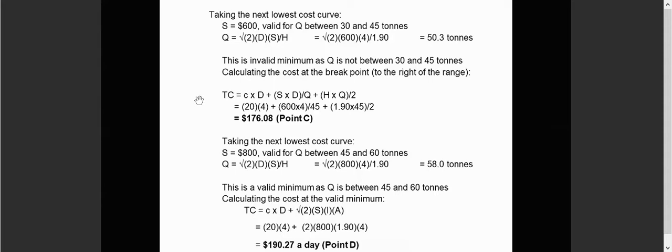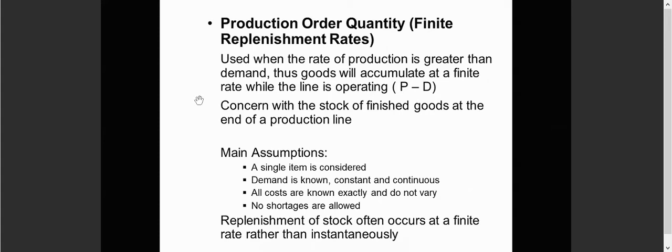Baik, model seterusnya yang kita bincangkan di bawah deterministic model adalah production order quantity ataupun finite replenishment rate.